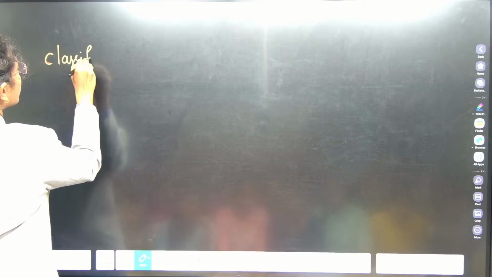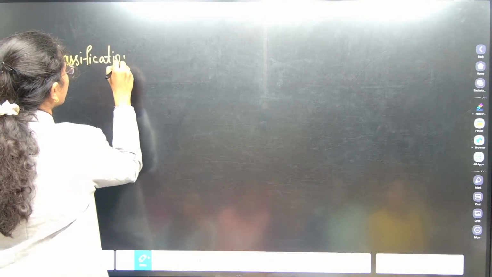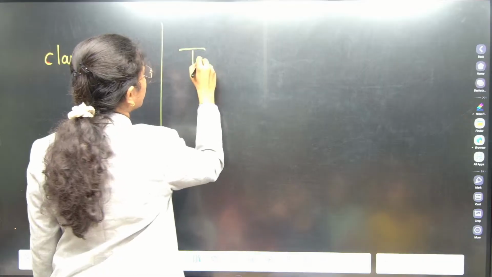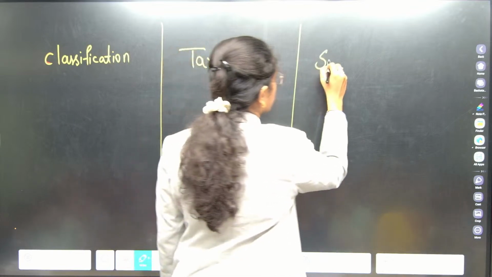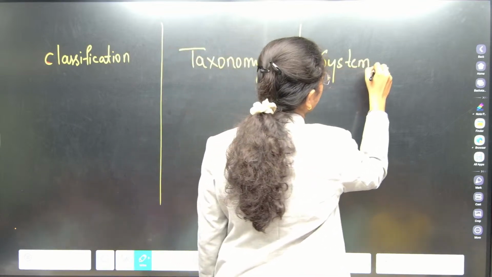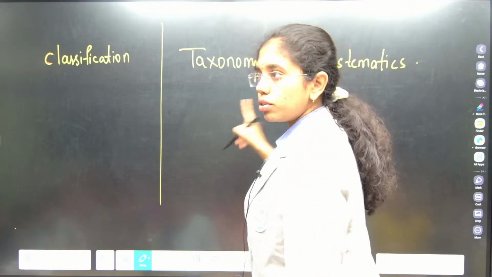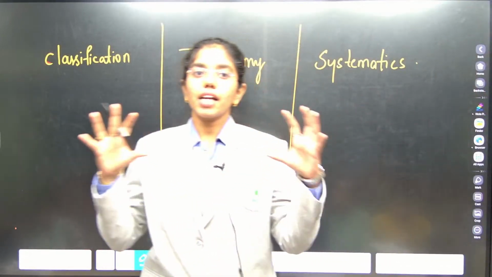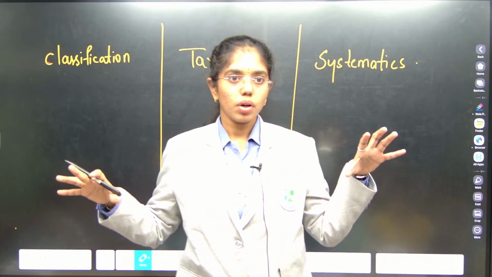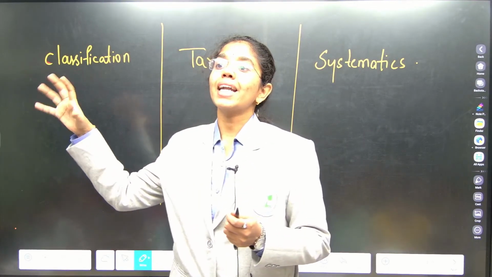Before going to the next concept, I would like to tell you the clear differentiation between classification, taxonomy, systematics. First, you have to know what those terms are in a clear way. Classification is nothing but categorizing different living organisms into the different categories they belong to.